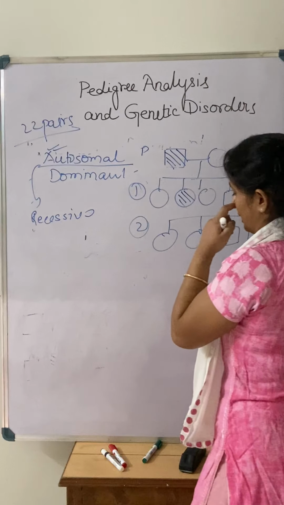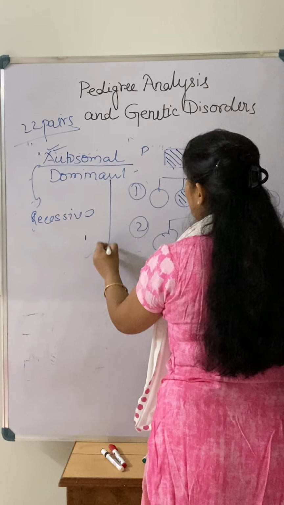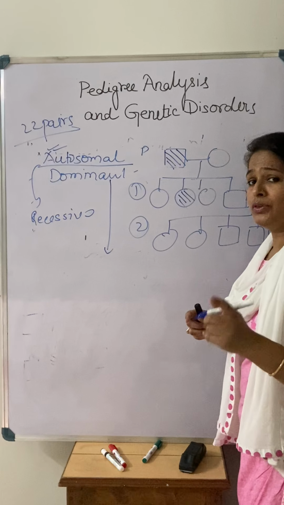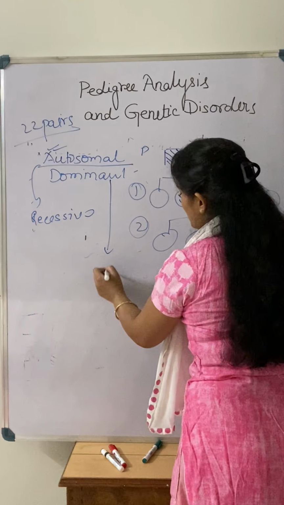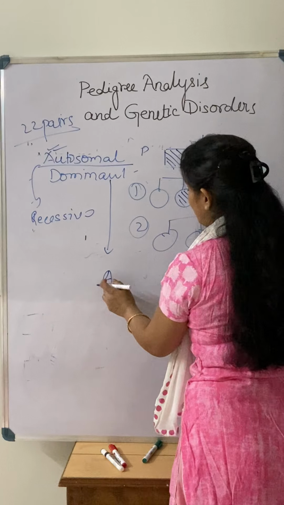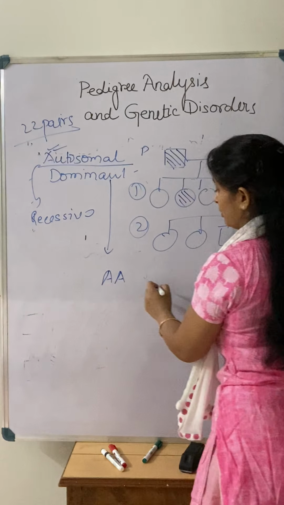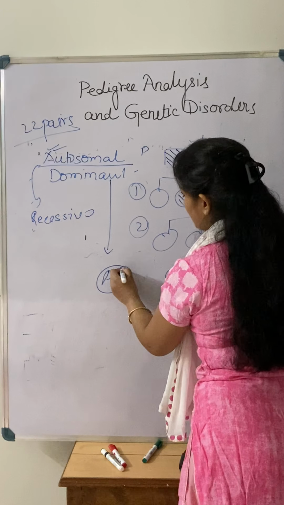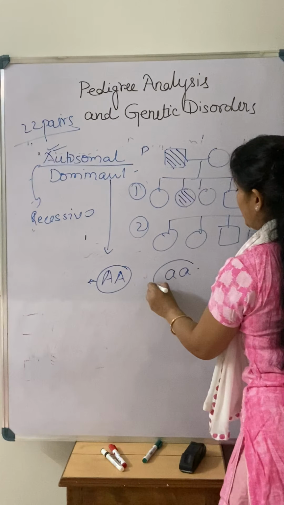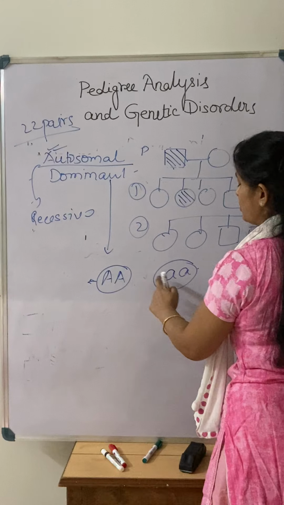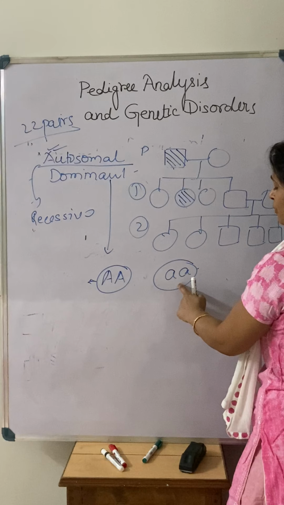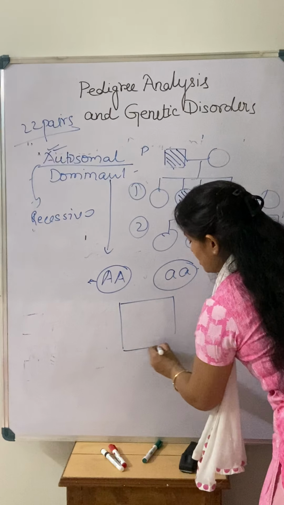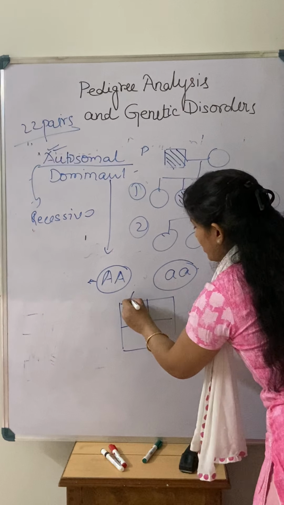Now, if we talk about the autosomal dominant, and I am saying if parents are affected, then the individual is affected, so I am giving one symbol. One of the parents has this autosomal chromosome, and this is the second parent. When they fuse, we will draw a Punnett square.